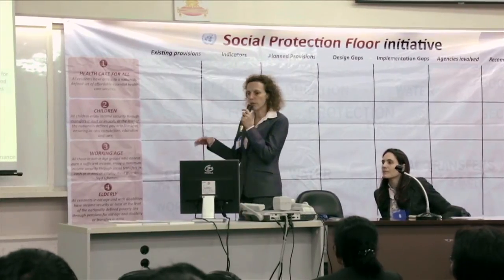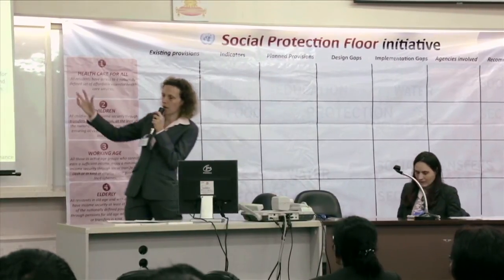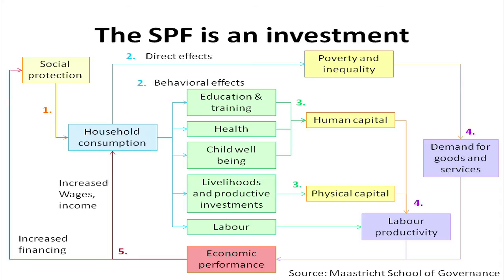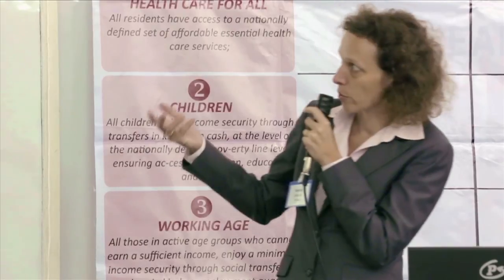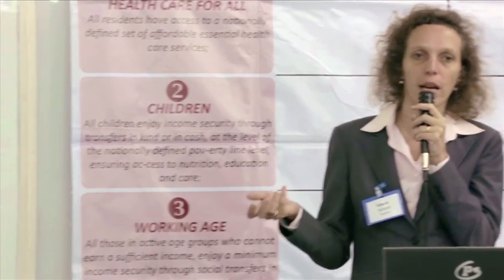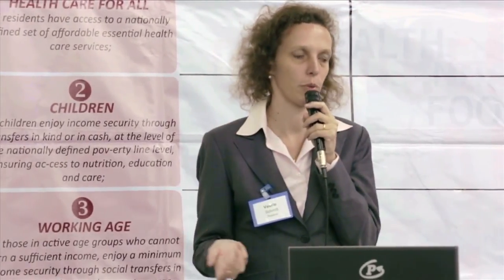So you see, the idea is that it's really a virtuous cycle. If you start investing in social protection today, this will lead to a virtuous cycle. And normally, little by little, this will generate more growth and also more income for the country as a whole to finance more social protection.